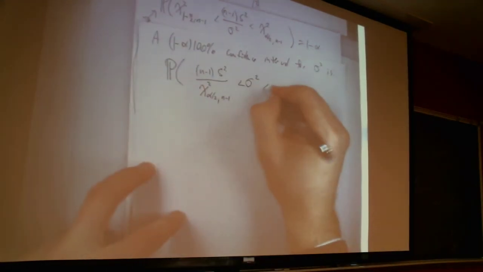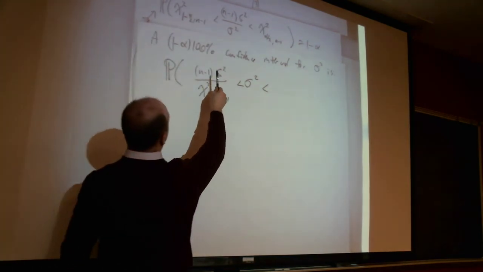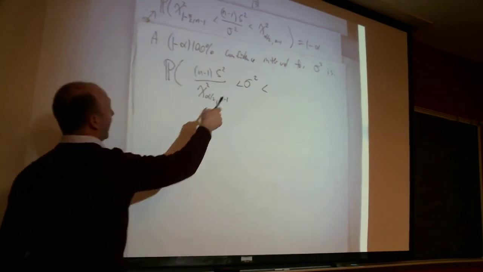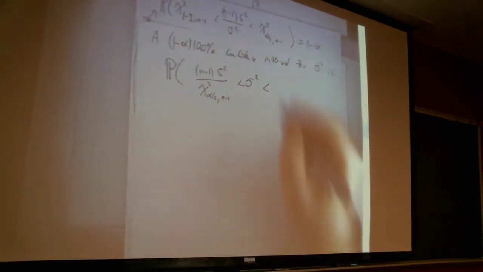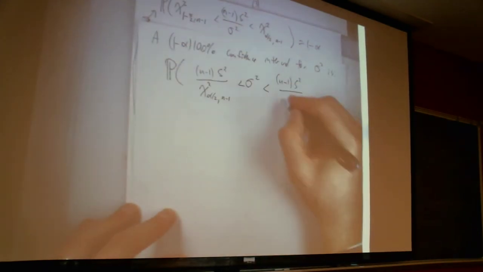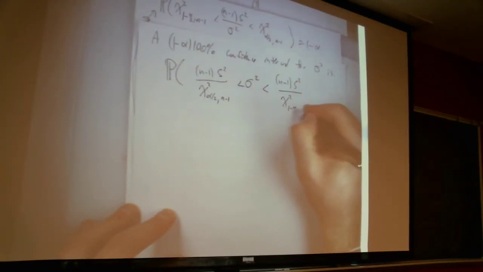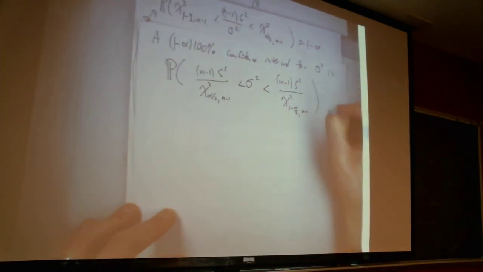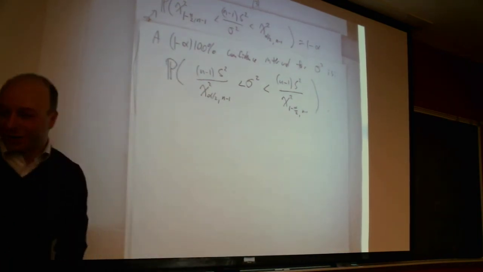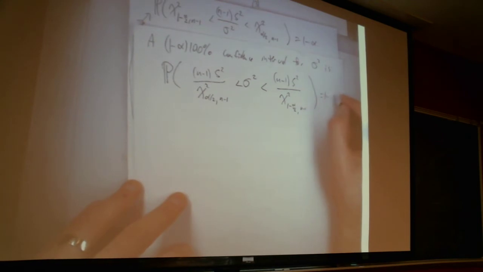And similarly, I moved sigma squared to there and put this down here. That gives me an upper bound for sigma squared, n minus 1 s squared divided by chi squared of 1 minus alpha over 2 n minus 1. So this interval, let's finish the computation. This is equal to 1 minus alpha.